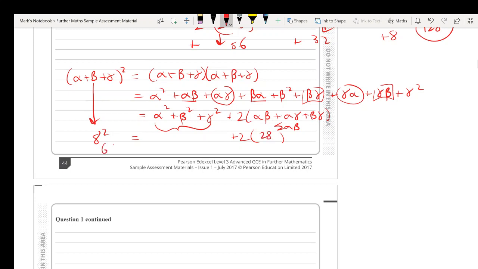So that means that 64 is equal to what we want plus 56. So what we want, which was alpha squared plus beta squared plus gamma squared, is 64 take 56, which is 8. So alpha squared plus beta squared plus gamma squared equals 8. Okay, that's question 1.